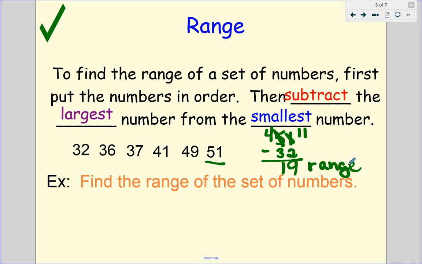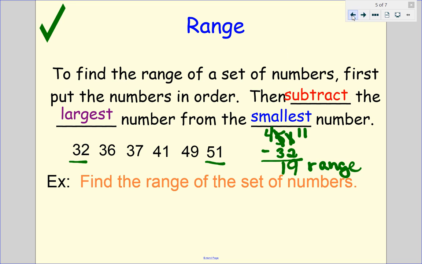It tells me the difference between the largest number we had and the smallest number we had. It shows our range. Sometimes ranges can be huge, sometimes ranges can be small. It depends on what your data is. But it's literally just the largest minus the smallest. That's it. That's what range means. Largest minus smallest.